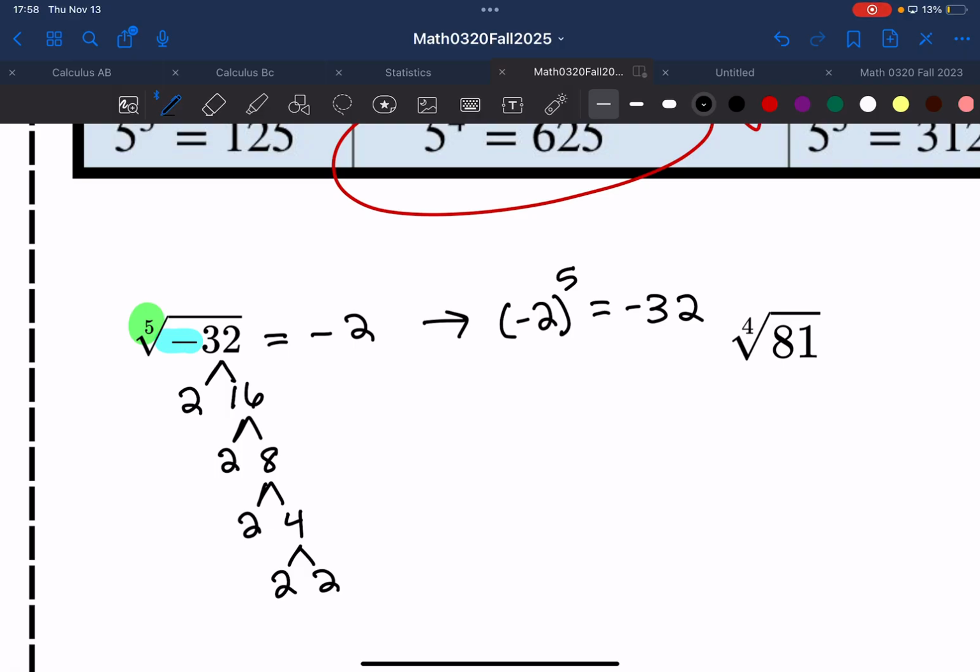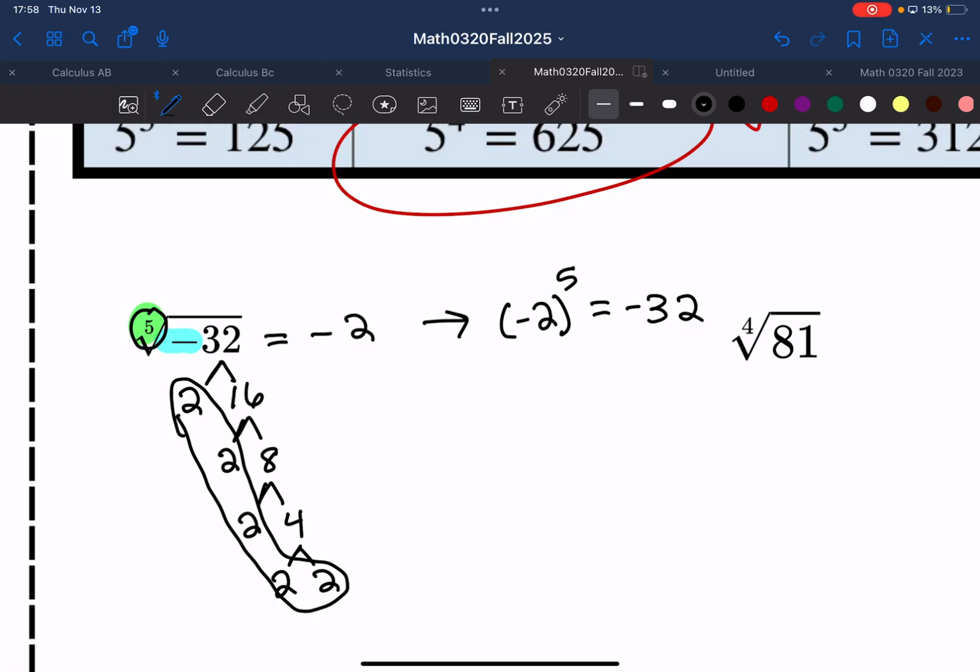And then this 5 out here, remember before we were circling pairs of 2's? Well, that's because it was the square root. So now we're going to circle pairs of 5 because that's the number on the outside. Well, look, there's 5 right here. Which means once we circle our group, we take one of those numbers out.